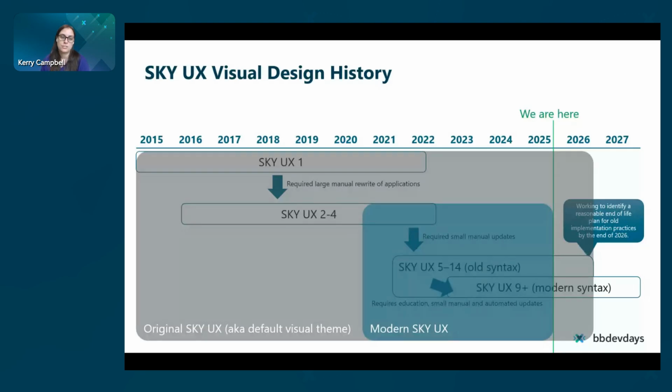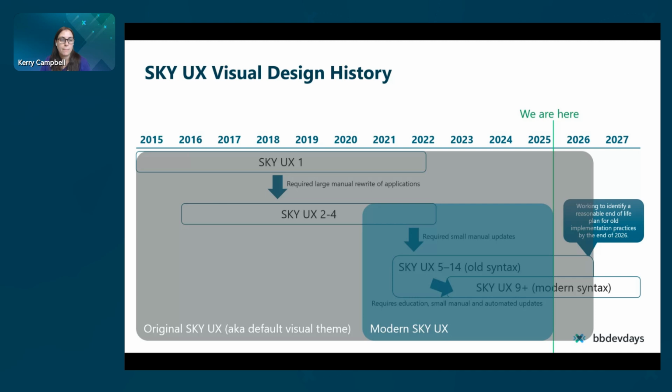That kind of explains why that modern visual theme is a little bit, I like to say, fluffier. It's bigger, a little bit more spacious, which isn't always conducive to back office. So we've been maintaining these two visual themes inside the design system across multiple generations of SkyUX and multiple major versions.